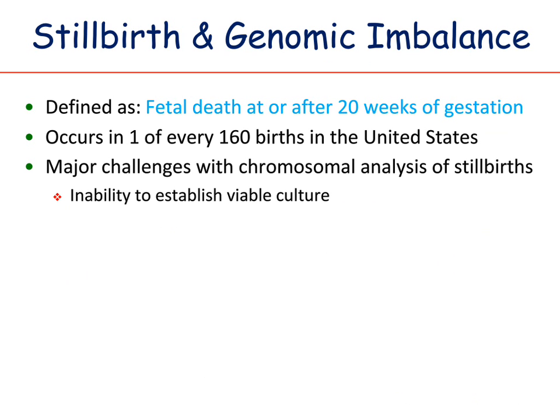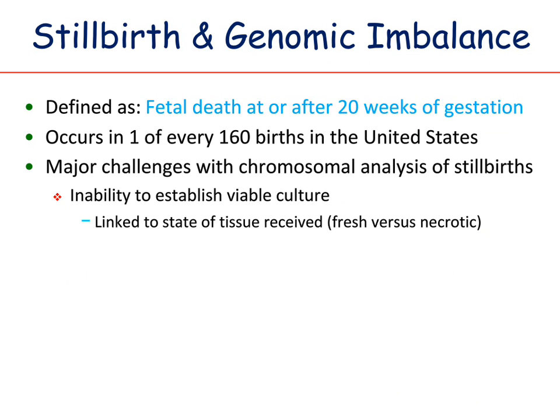It's the inability to establish a viable culture, which is often linked to the state that the tissue was received. Again, if the stillbirth happened quite a while before it could get to the lab, you may be dealing with the inability to culture necrotic tissue, whereas if it was sent to the lab as a fresh specimen, you'd have a higher likelihood of getting a successful culture.